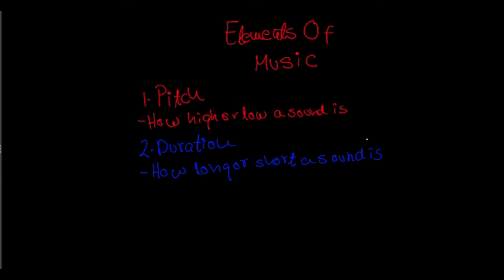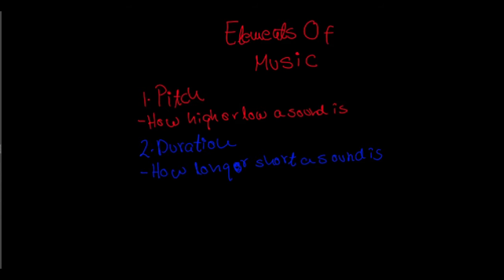Again, to give you an intuitive understanding, that would be the difference between this and this. One was longer, I played one for longer, and I played one shorter. So one was long and one was short. That's a difference in duration.